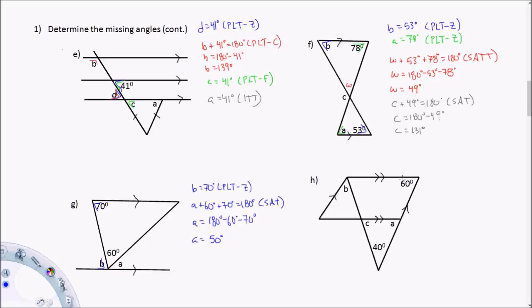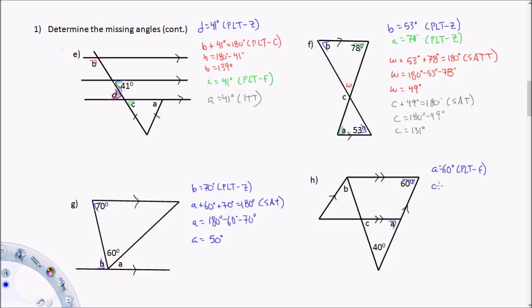So in H, we have a parallel line theorem F pattern right in here. So we right away know that A is equal to 60 degrees because of PLT-F. We can find C by using the sum of the angles in a triangle theorem.